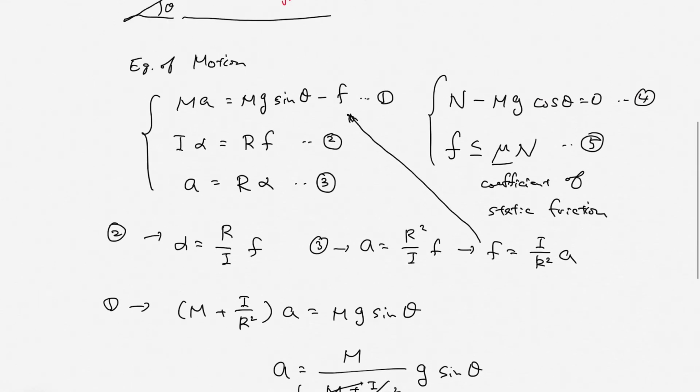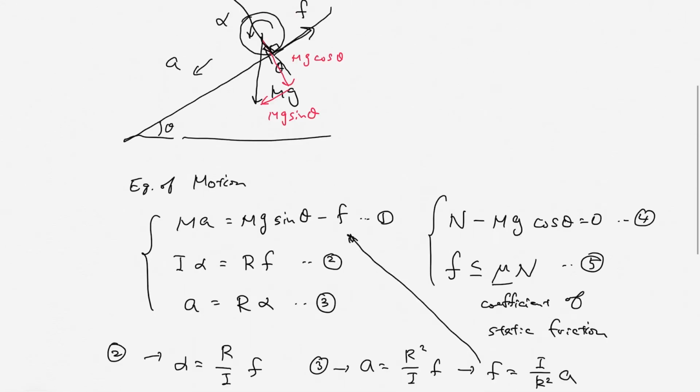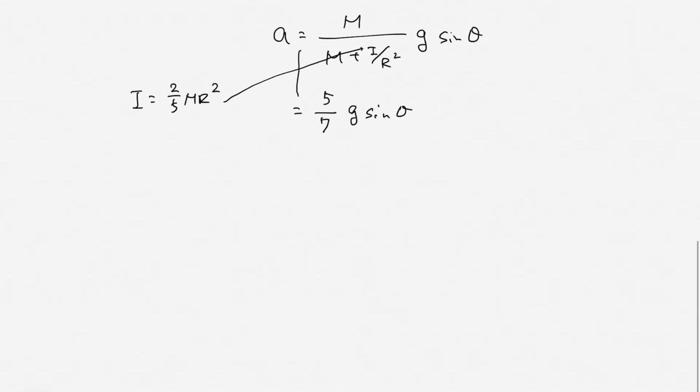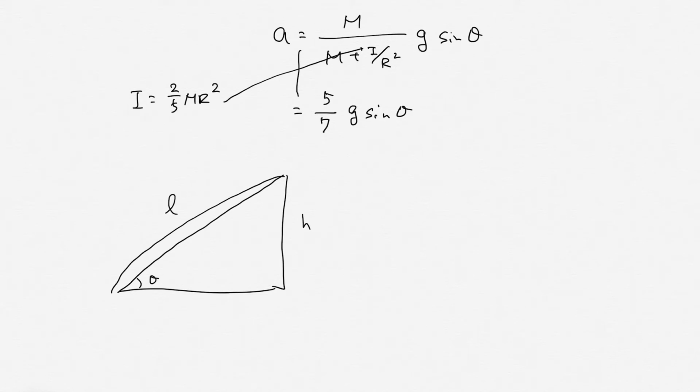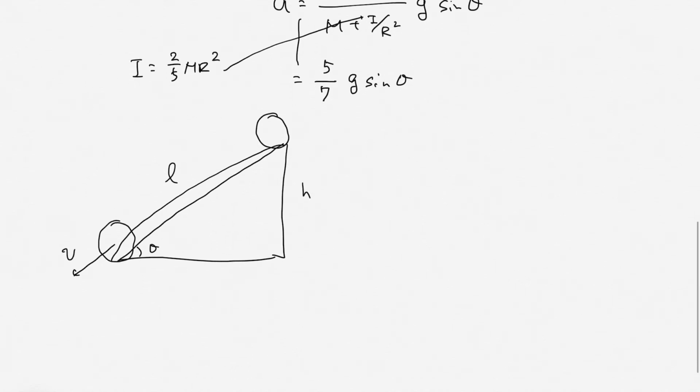And then, maybe it's better to draw a new figure. This is theta, this is h, and this is L. This object starts falling and moving, and finally it comes to the bottom region, and we'd like to find the velocity.